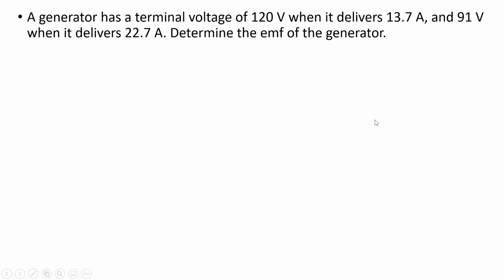Problem 2, a generator has a terminal voltage of 120 volts when it delivers 13.7 amps and 91 volts when it delivers 22.7 amps. Determine the EMF of the generator. So we know that our terminal voltage is going to change as we change our external resistance.